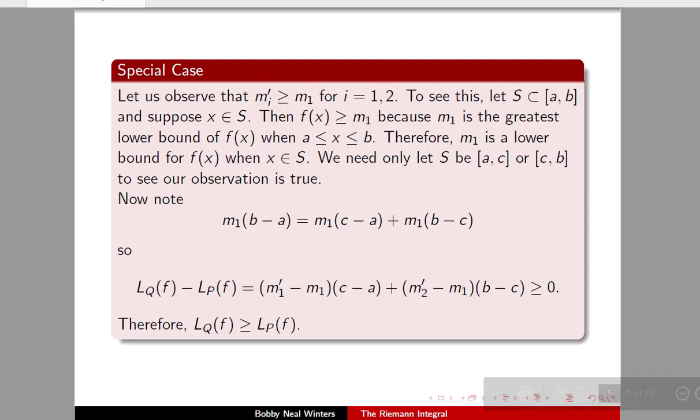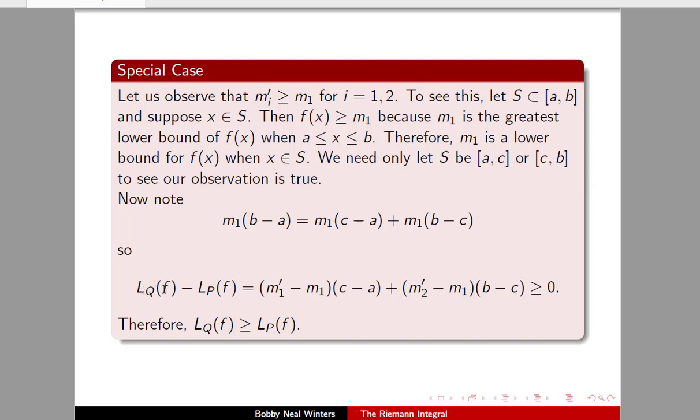So now note that we can have m_1 (b minus a) equal to m_1 (c minus a) plus m_1 (b minus c). We can factor and the c's will cancel.